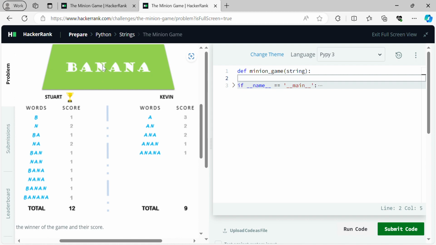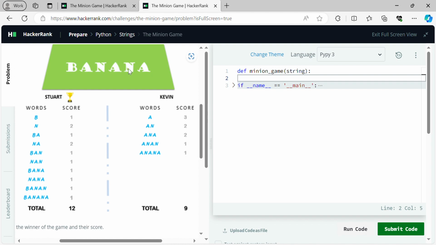N is the first one, NA is the second, NAN is the third, NANA is the fourth. So by starting with N in the third position he gets four possibilities. And N is also a consonant, right? Here, B gives him six substrings, and this gives four substrings, total 10.